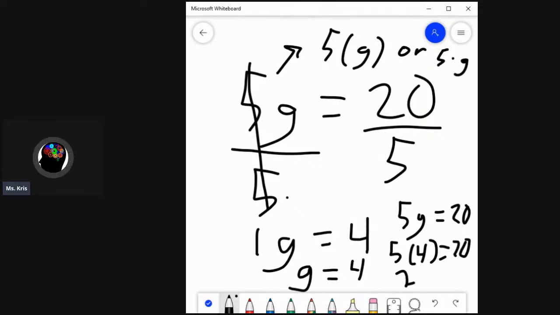So that means 20 equals 20. And that is how you can check your one-step answer. Any questions so far?